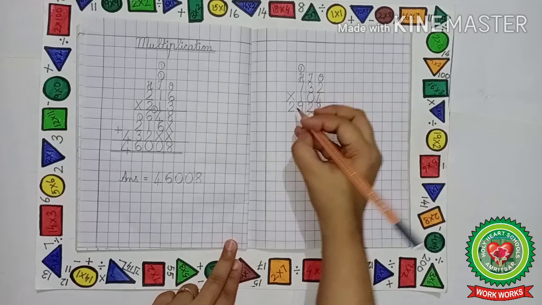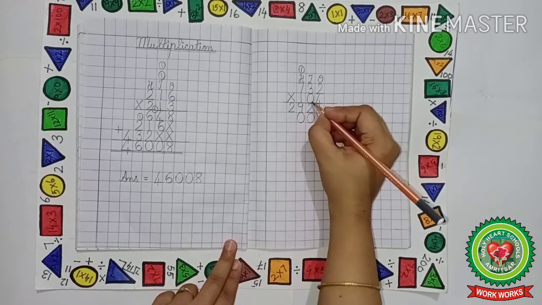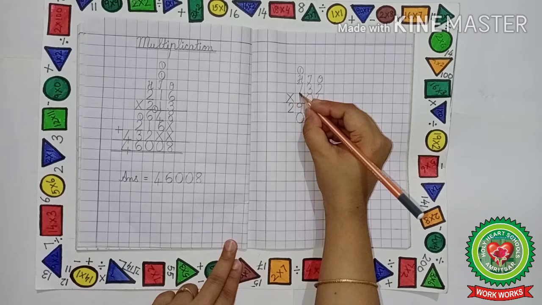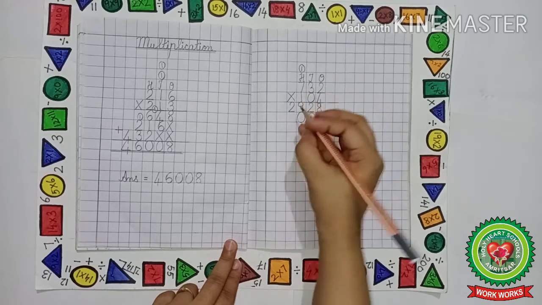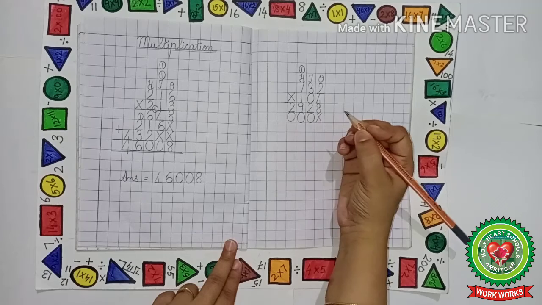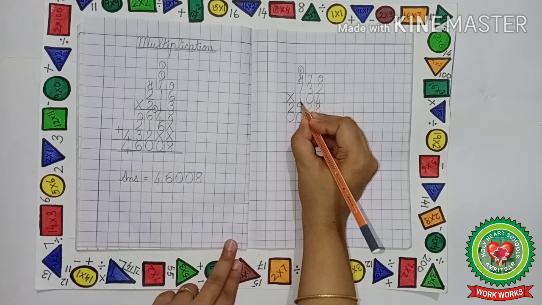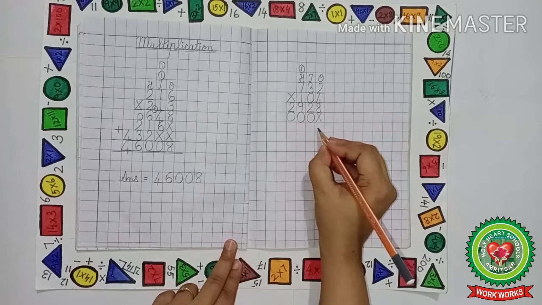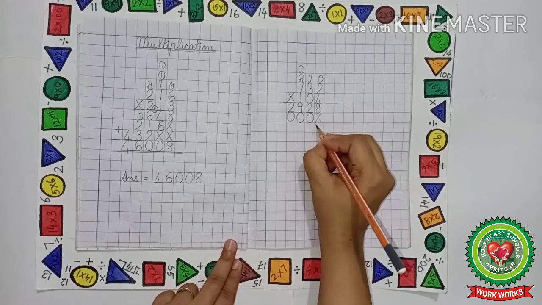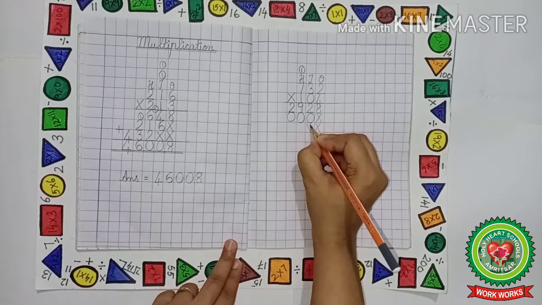So we will write over here again 0. Now next 0 sevens are 0. So again over here we will write 0. Now we will move on to the next digit, that is 1. Before that we will put 2 crosses, 1 in the ones place and the other in the tens place.